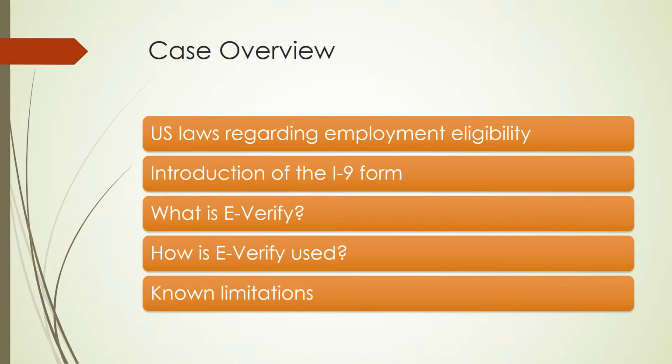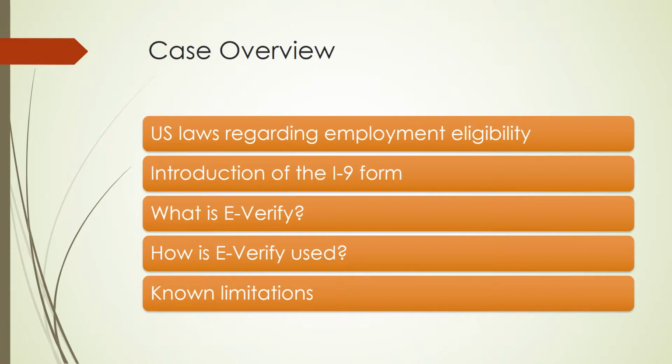U.S. laws require companies operating in the United States to only employ individuals legally permitted to work in the United States. To be legally authorized to work in the United States, an individual must have a US passport, a green card, a driver's license, a government issued ID, social security card, or a birth certificate.